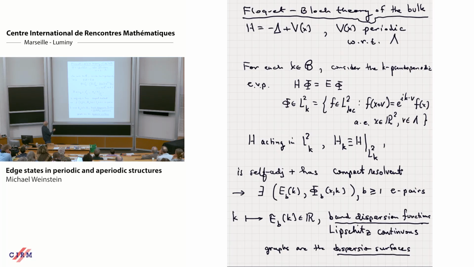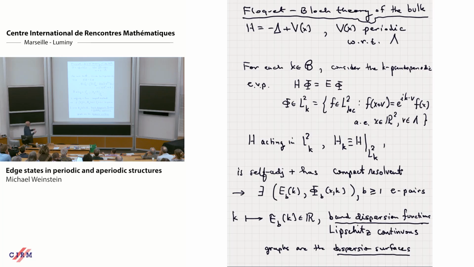We say that phi is in the space L2 subscript k if phi is square integrable on any compact set and satisfies this pseudoperiodic condition, for every v in the Bravais lattice and almost everywhere in x.